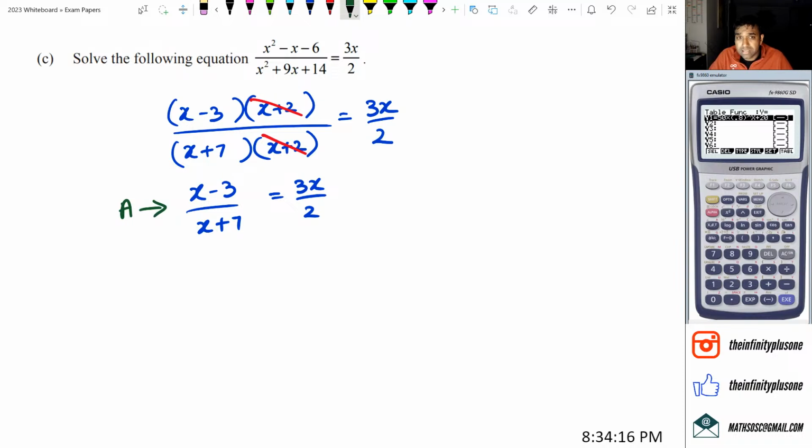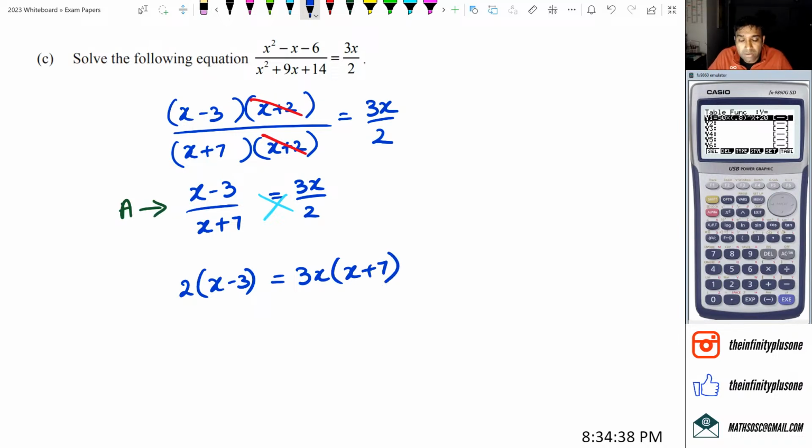Now I'm going to show you the next step as to what you need to do to get a merit. The next step is to cross multiply, and when we cross multiply this, we get 2 times x minus 3 equals 3x times x plus 7.